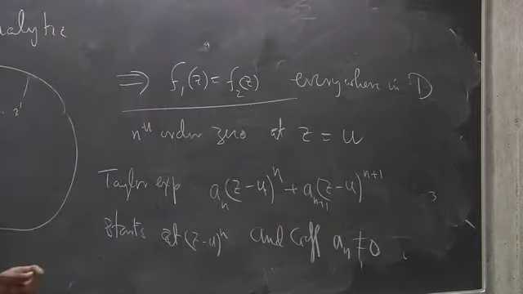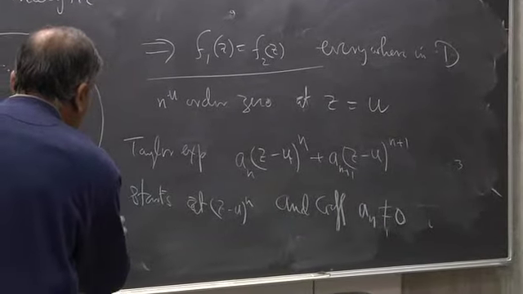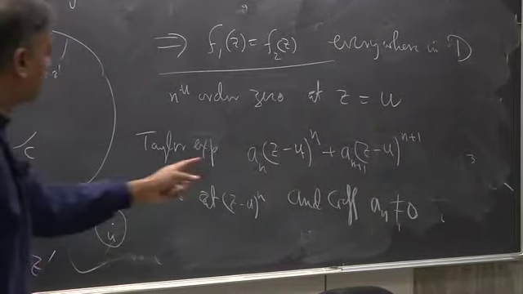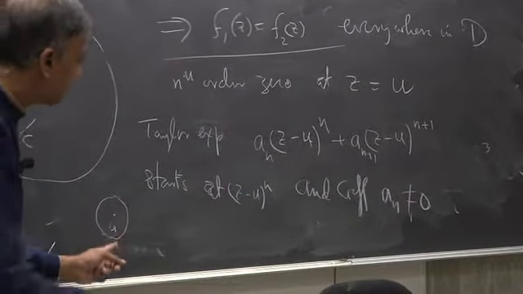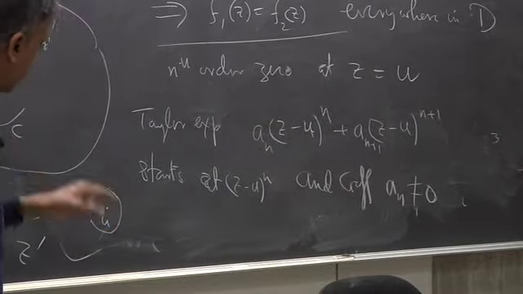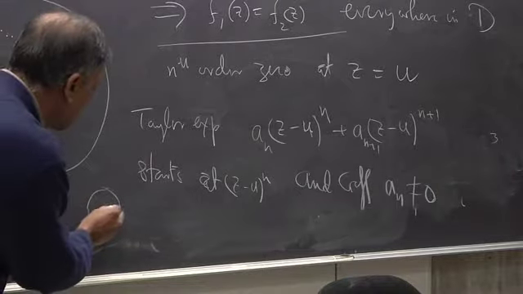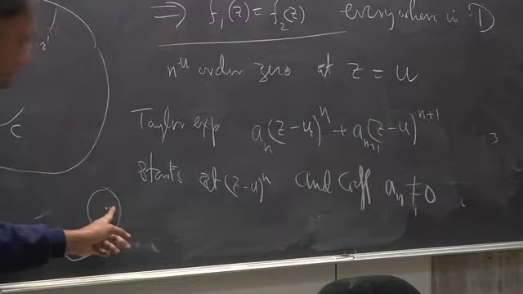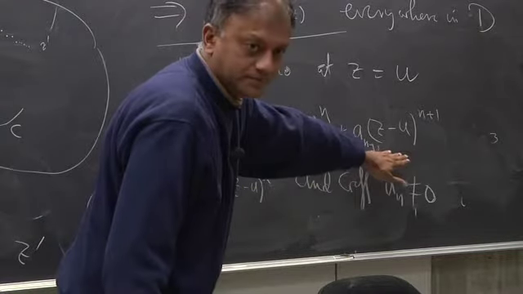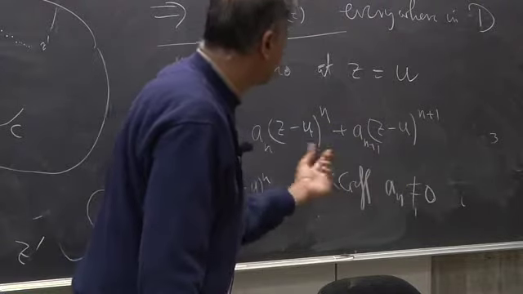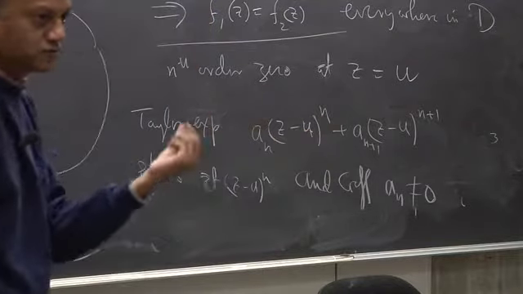But if the coefficient is not equal to 0, then if I point at u here and look at some neighborhood of point u, you see this function, if you go to some small nearby point from u, then this term is still dominant compared to that. (z minus u) to the n plus 1 is still small compared to (z minus u) to the n, because z minus u is very small.